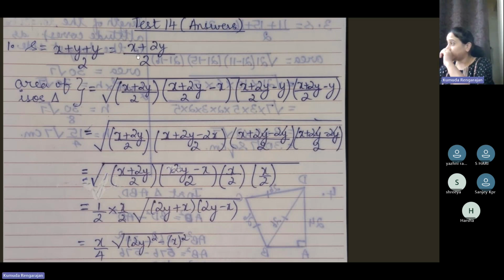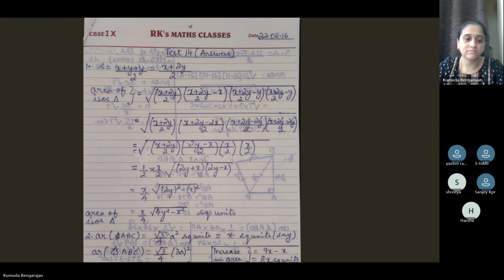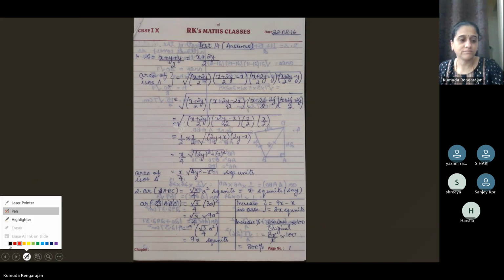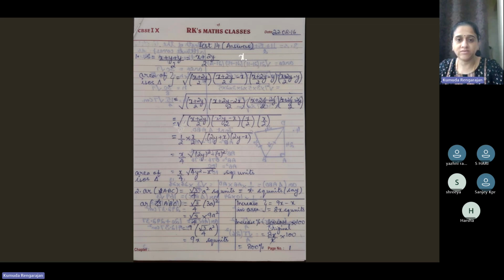x is the base plus y plus y. Sorry, 2y/2 because y plus y, 2y/2. Now you cannot cancel this 2 and 2. Whenever there is a plus or a minus sign in the middle, see, if it is x into 2y by 2, then you can cancel.